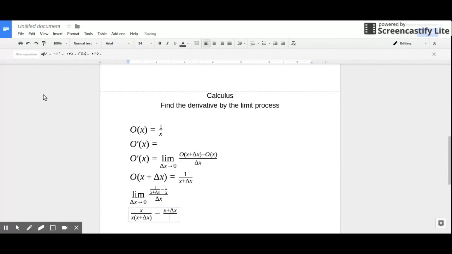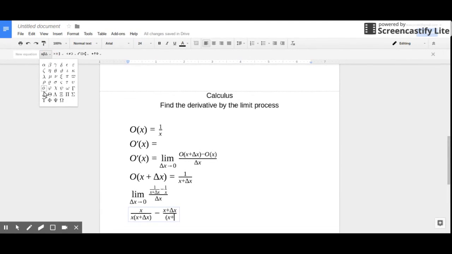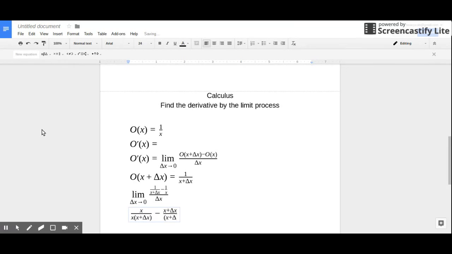Write that up there. And then we're going to have an x plus delta x right in the numerator. Got to write back down here in the denominator. And then, of course, we have an x already.